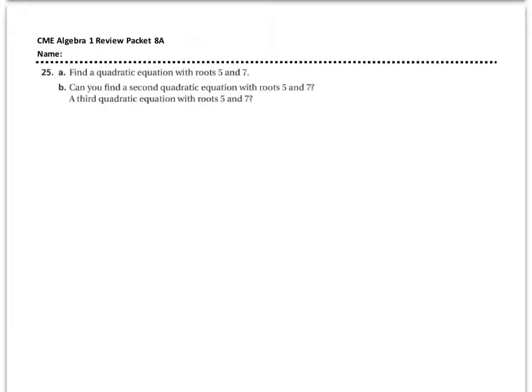Problem 25: find the quadratic equation with roots x equals 5 and 7. So that's the easy one. If x is 5 and 7, those are the numbers you should plug in for x. Again, we're thinking backwards.